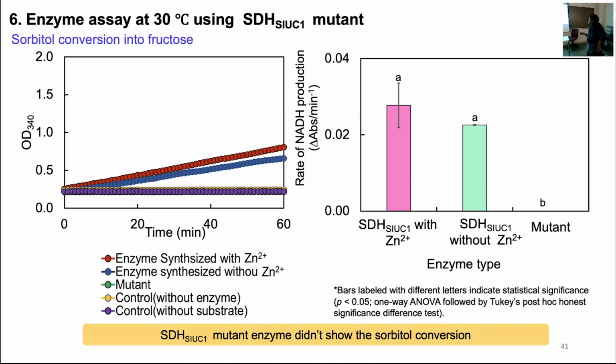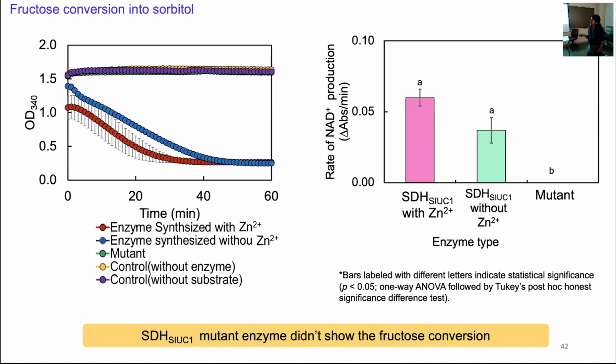So that means after introducing this mutation into the tentative structural zinc binding site, the enzyme has lost its activity completely. Here is the fructose conversion. We observe the same thing, that now the mutant cannot convert fructose into its product. So it seems its catalytic activity is lost due to the mutation that we introduced in the enzyme.